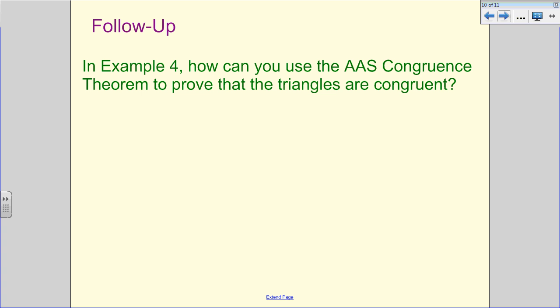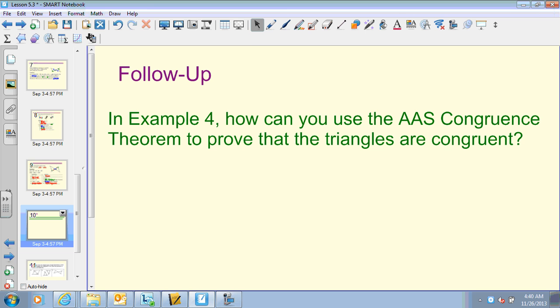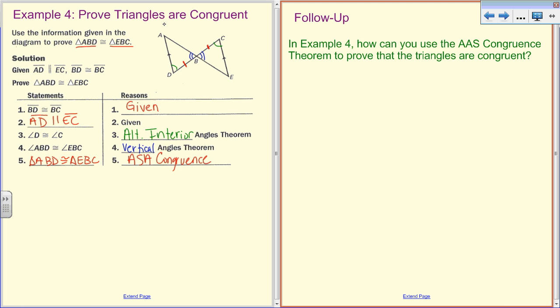Follow-up 4 says, how can we use angle-angle-side congruence to prove that the triangles are congruent? So let's see if I can put these up in a double screen. So I want to try and use angle-angle-side. Well, if we take a look at what they did, I can redraw this.